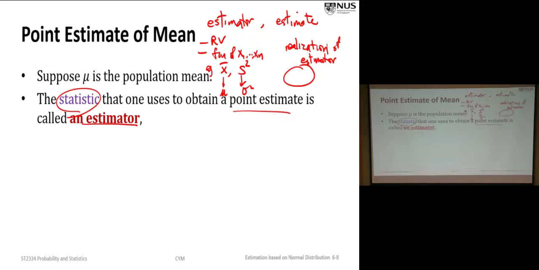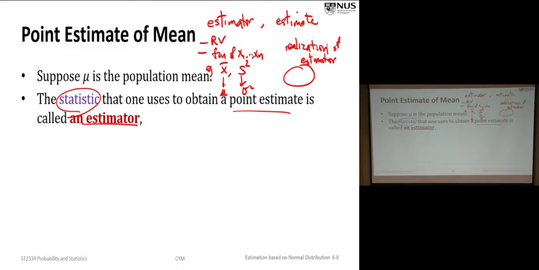So the same applies here. Once you take a sample and you really look at the sample values, that means what is the value of x1, what's the value of x2, and so on, then that one is called an estimate. So estimate usually refers to a number which is obtained by looking at the sample values.